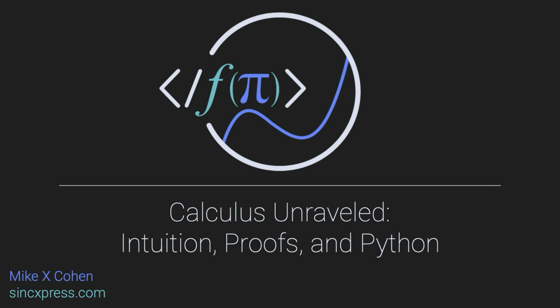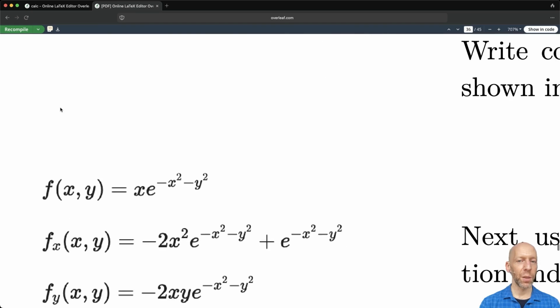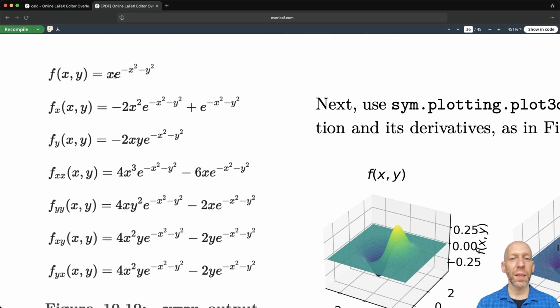There are two goals to exercise 4. Both involve using SymPy to work with multivariable functions and their derivatives. So the first part of exercise 4 is to calculate the first order and second order partial derivatives of a multivariable function. So you see that function here. That is x times e to the power of minus x squared minus y squared.